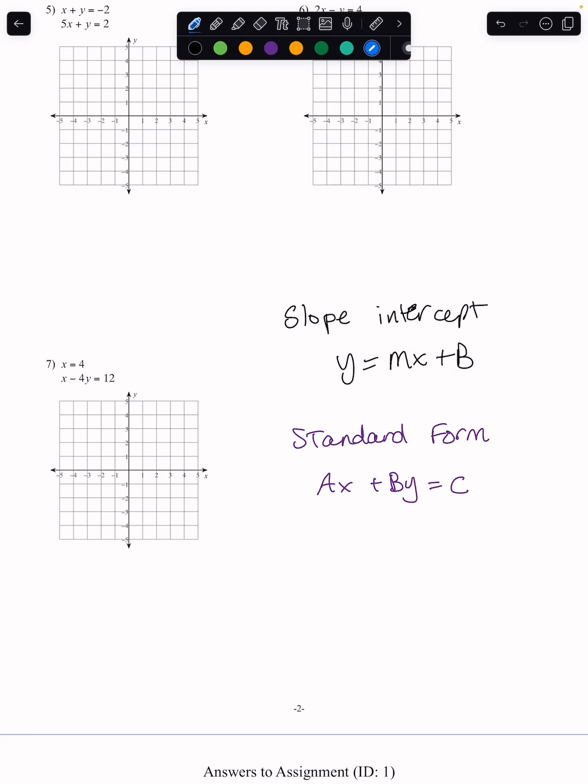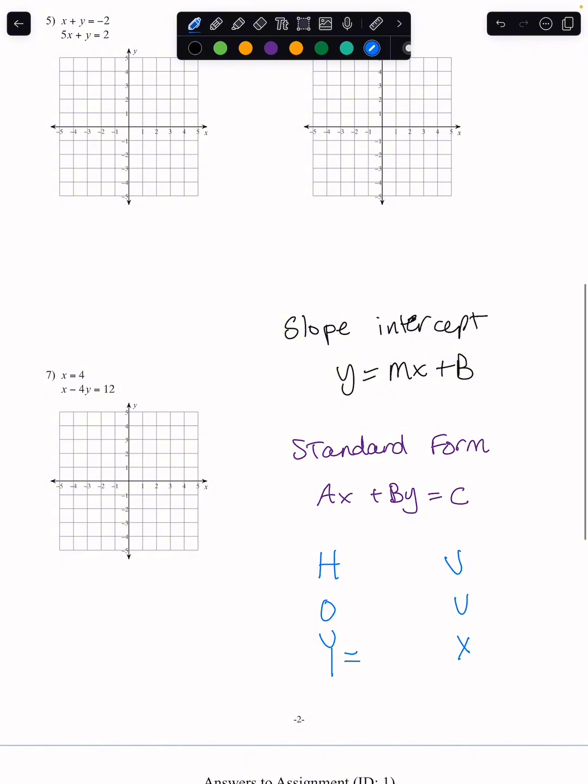In class, we talked about this thing called HOY-VUX. Remember, anytime you have a y equals equation, that means you're going to have a horizontal line. See, horizontal is that way.